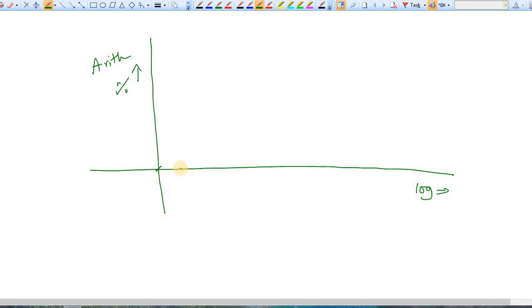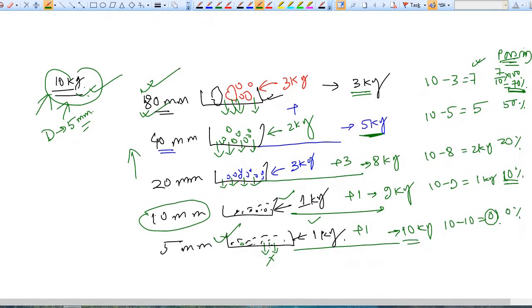Let's say this is your 5 mm and this is 10 mm. This is in log scale, that's why they are at equal intervals, and this is, let's say, 20, 40, 80, and in our case 80 mm was the maximum.